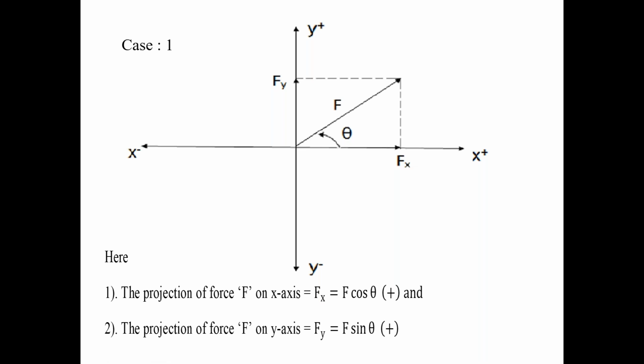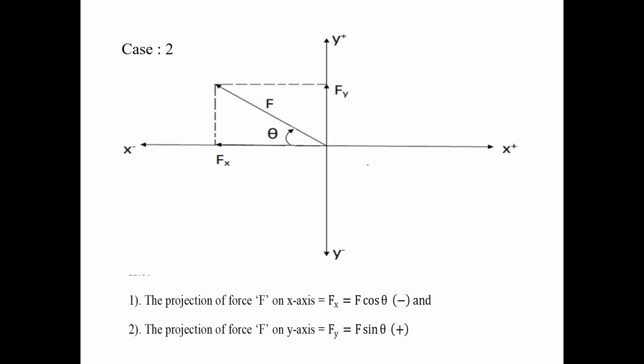But if the force F makes the angle theta with the x-axis, then the x-axis projection Fx is equal to F cos theta, where F is the magnitude of this force F, and the y-axis projection Fy is equal to F sin theta. Last class we discussed all these conditions.